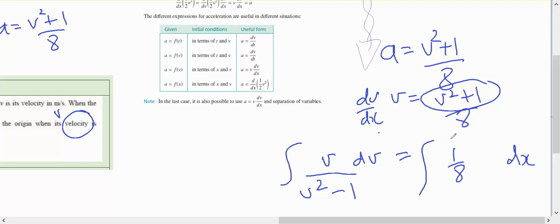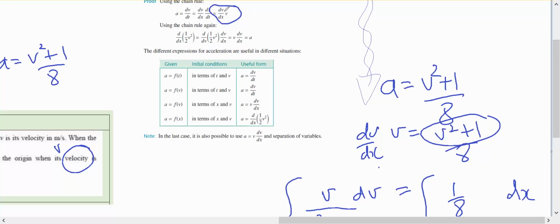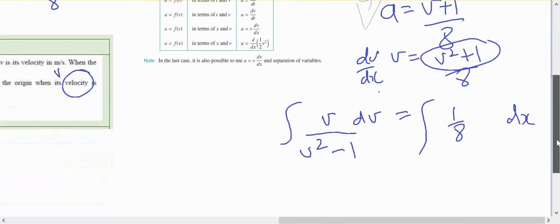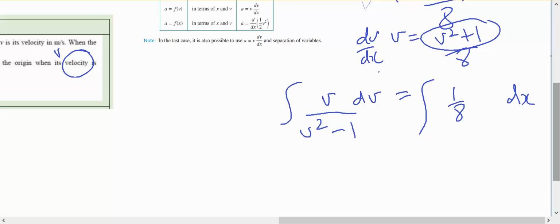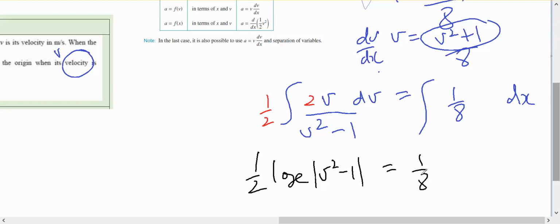So I've rearranged and I've used a replacement acceleration of dv dx times v. I need the derivative of this, which is 2v, so I need a 2, so I'll balance that with a half. So I'm now going to have 1/2 log base e of v squared plus 1 equals 1/8 x plus some constant c.